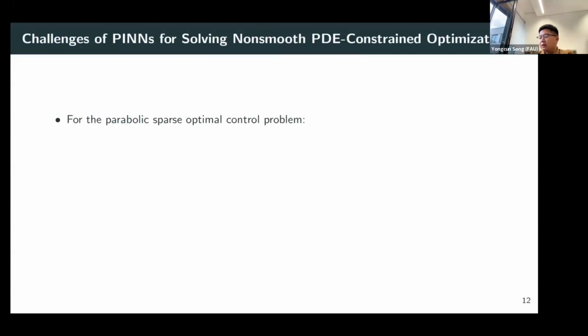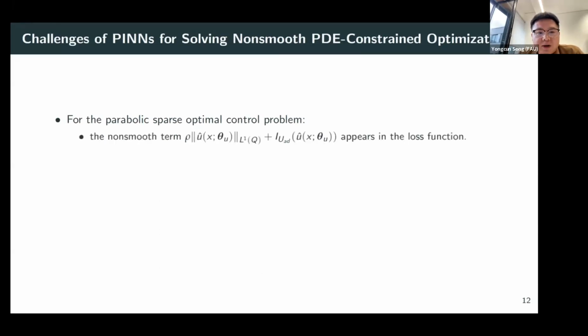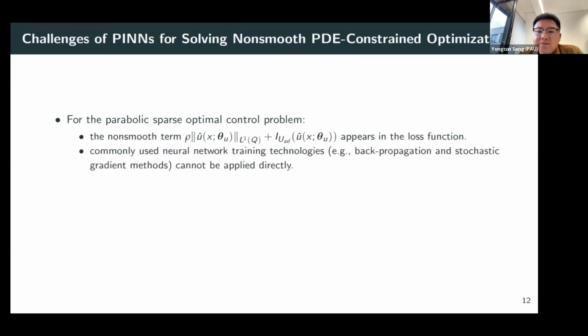Although PINNs have been successfully applied to smooth PDE-constrained optimization, for the non-smooth cases there are some challenges. For the parabolic sparse optimal control problem, a non-smooth term appears in the loss function. If we approximate the control variable u by a neural network, then because of the non-smoothness, commonly used neural network training technologies, for example backpropagation and stochastic gradient methods, cannot be applied directly.